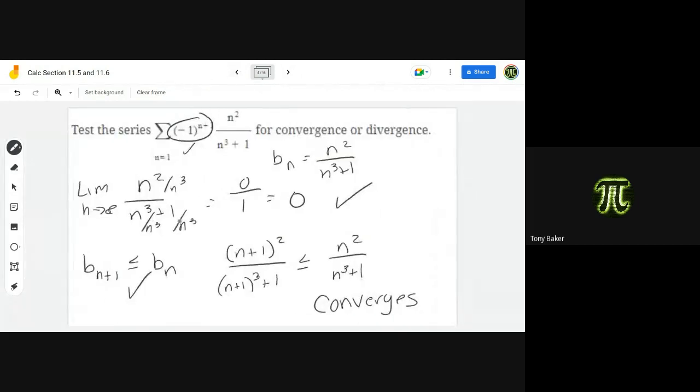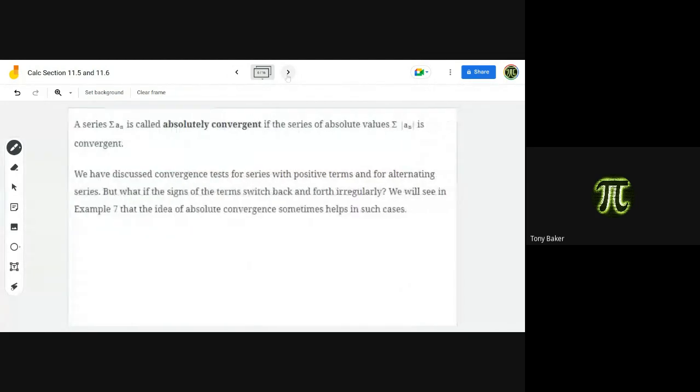So this one, because it passes all 3 alternating series test rules, it converges. So the next thing we're going to look at is what's known as absolutely convergent. This isn't necessarily a test.